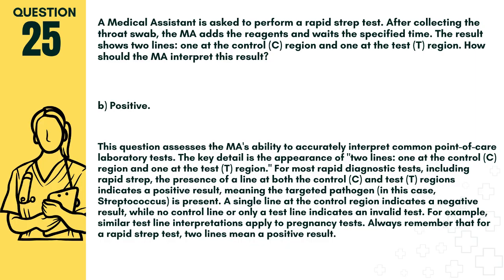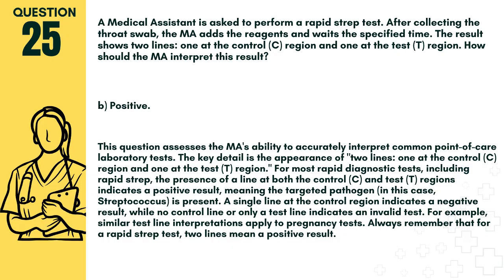Answer B. Positive. This question assesses the MA's ability to accurately interpret common point-of-care laboratory tests. The key detail is the appearance of two lines, one at the control, C, region and one at the test, T, region. For most rapid diagnostic tests, including rapid strep, the presence of a line at both the control, C, and test, T, regions indicates a positive result, meaning the targeted pathogen, in this case, Streptococcus, is present.